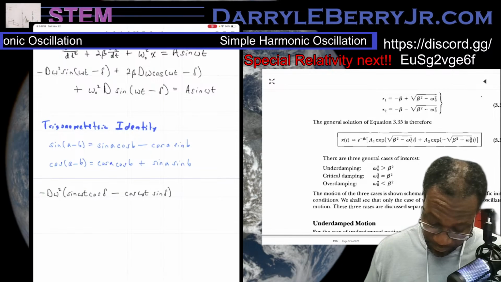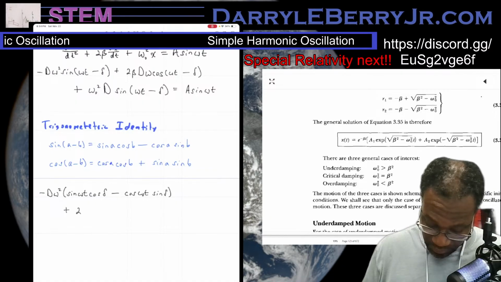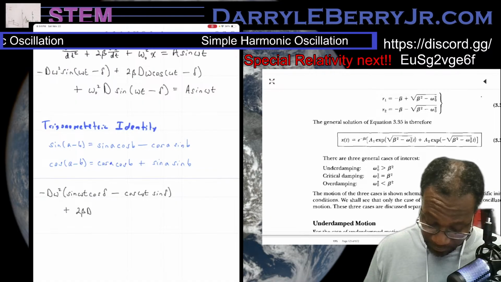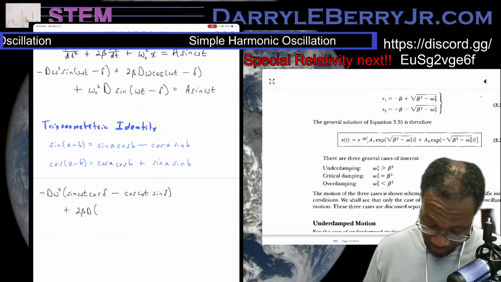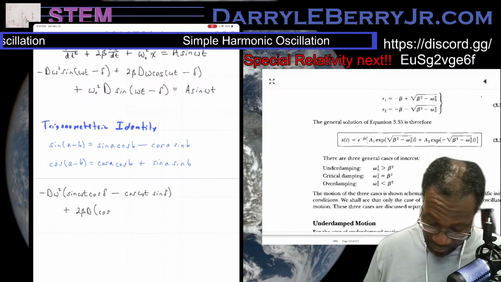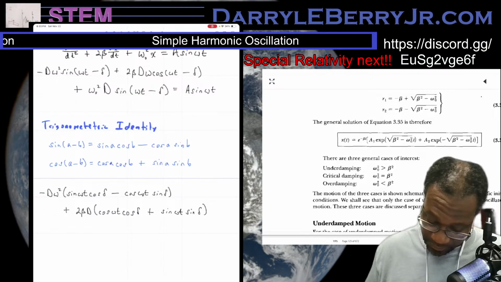That's the first term, and then we're going to have plus 2 beta D. Now we have the cosine one: cosine omega t cosine delta plus sine omega t sine delta.